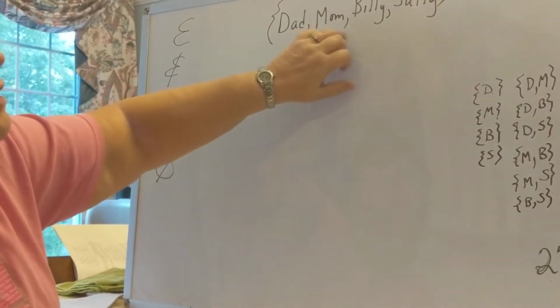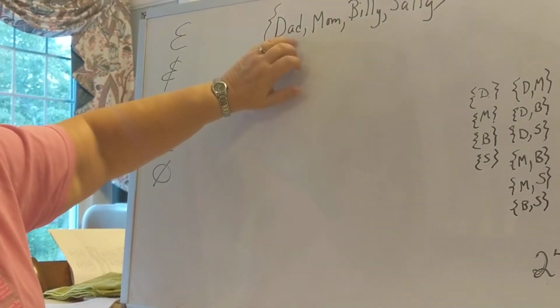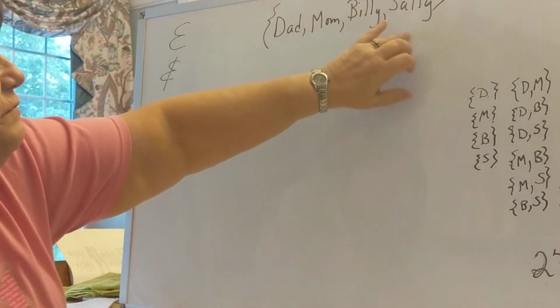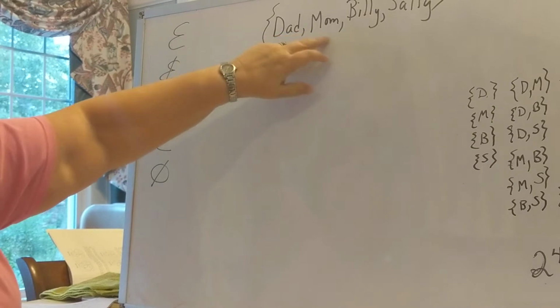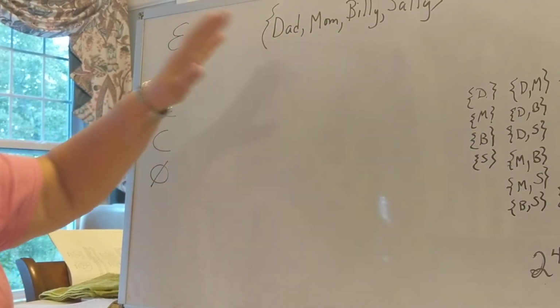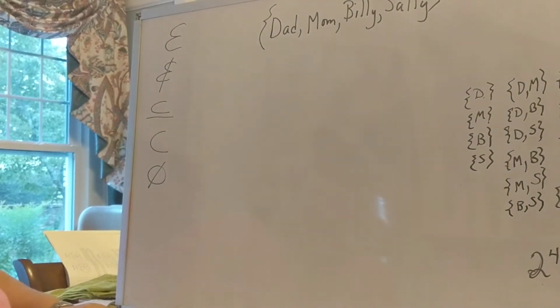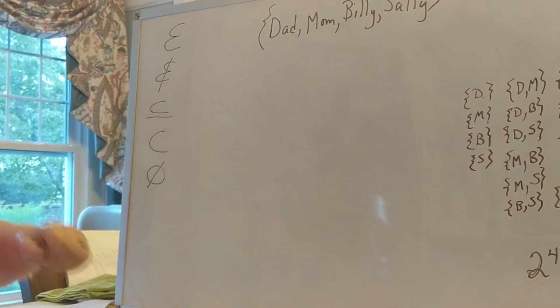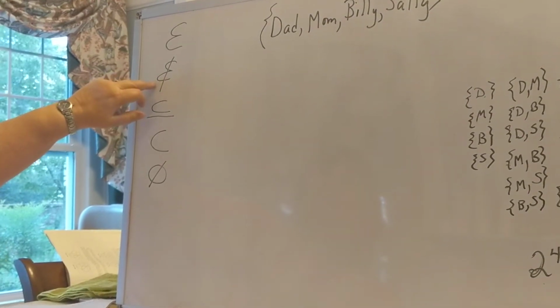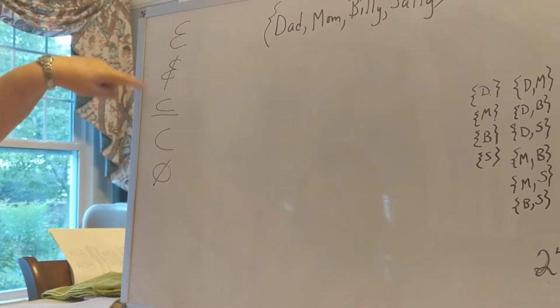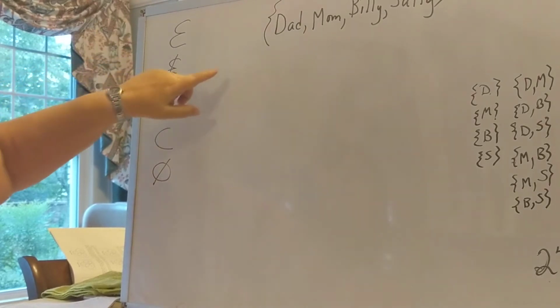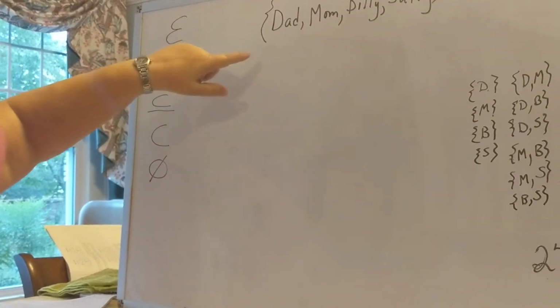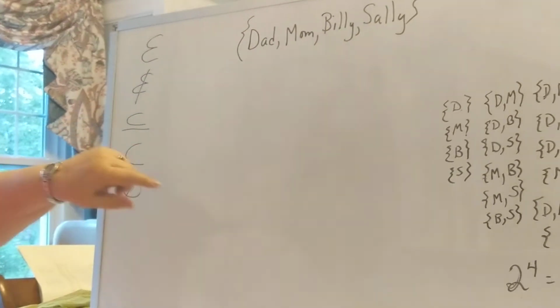Now notice they're separated by commas. That's how I know there's 1, 2, 3, 4. So Dad is an element, Mom is an element, Billy's an element, and Sally's an element. Notice Joey is not. All right, so that's what this means. "Is not" is an element with a stripe through it. So, for example, Joey is not an element of this set.